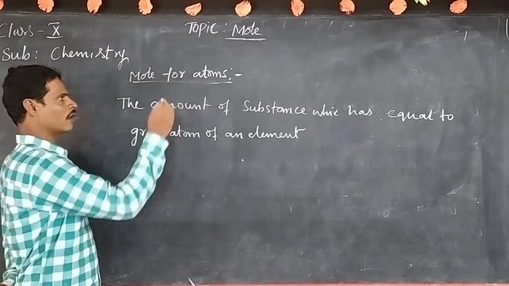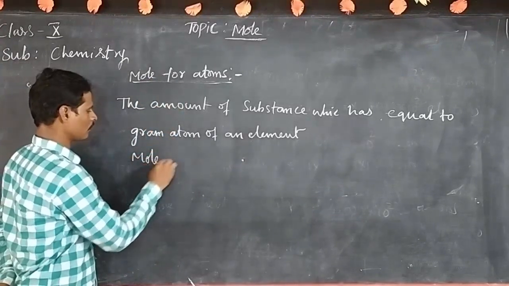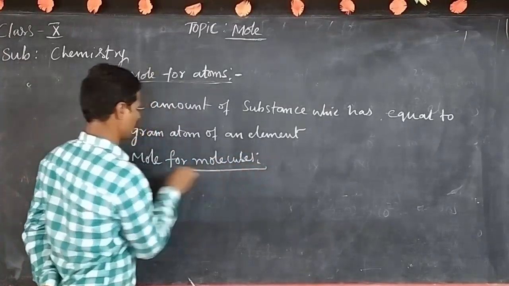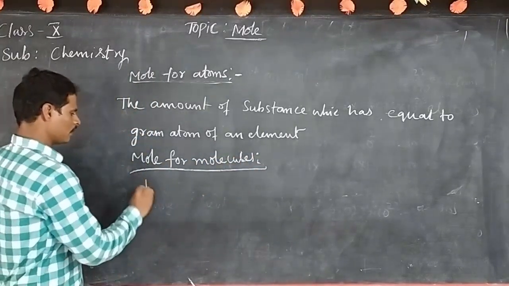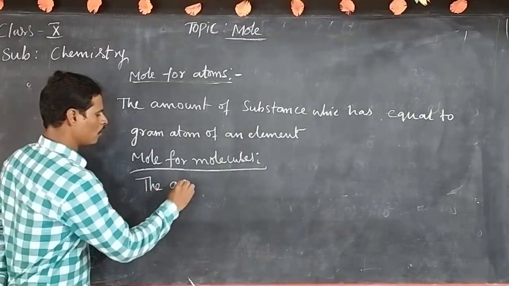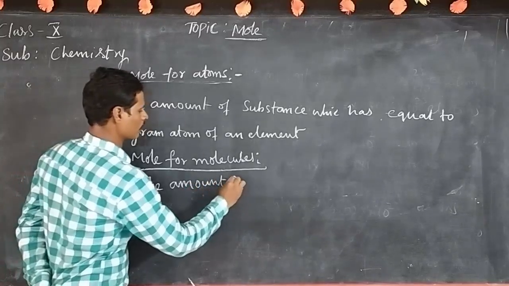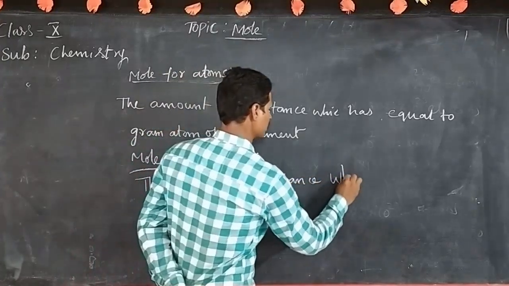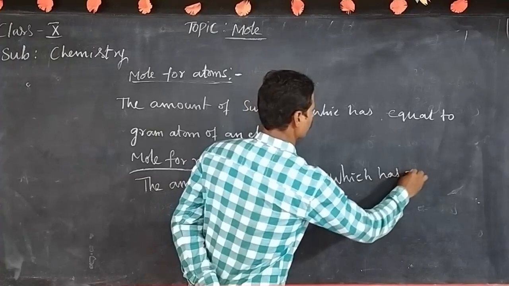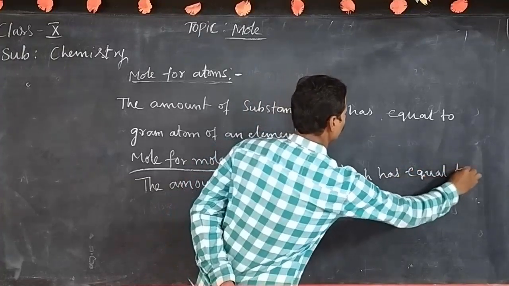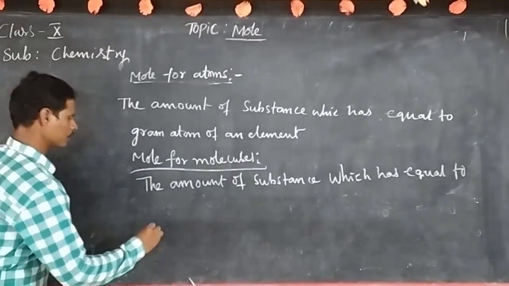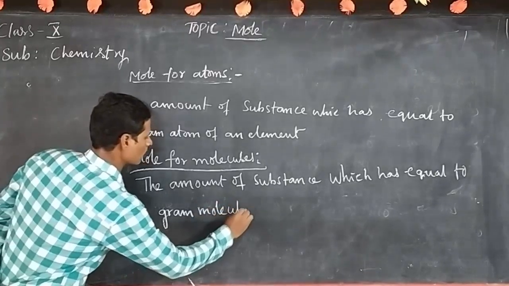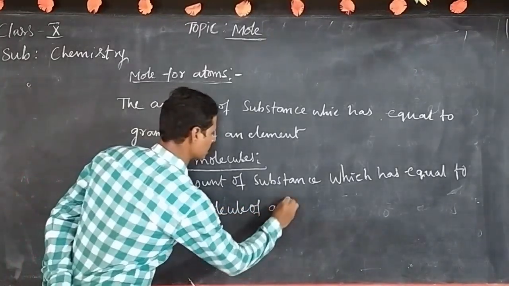Then the second one is mole for molecules. Same definition, only a little change. The amount of substance which is equal to the gram molecule of a substance.